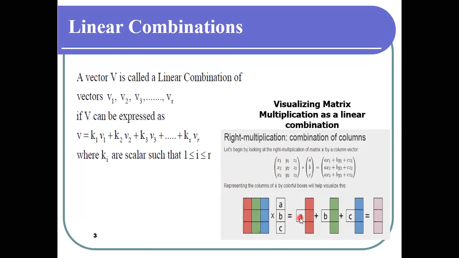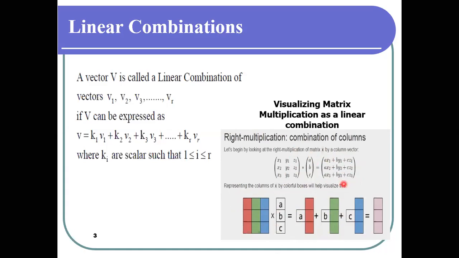If you multiply this, the first whole column is multiplied by A, the second by B, and the third column is multiplied by C. So you can see over here the matrix multiplication is just a linear combination of the input elements.